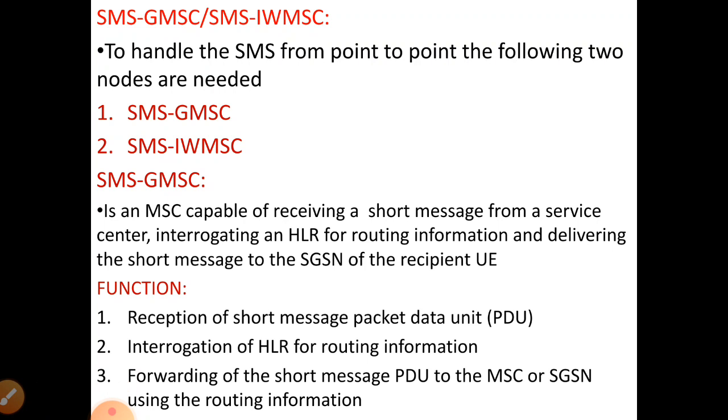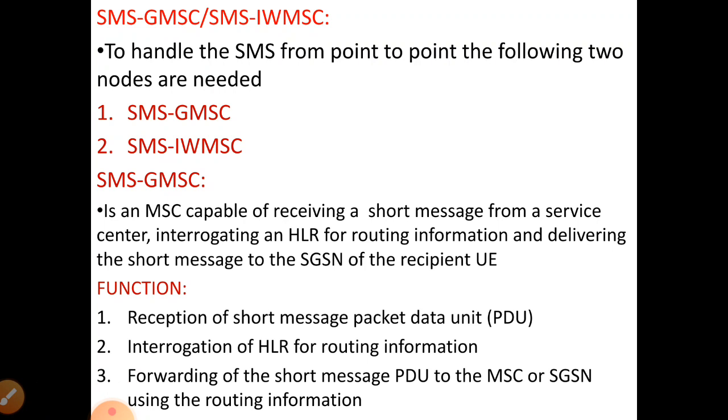So first I am going for SMS GMSC. In this case, first you receive the short message from the service center. After receiving the short message, we interrogate the HLR for the routing information. Based upon that information, we deliver the message to the user equipment.